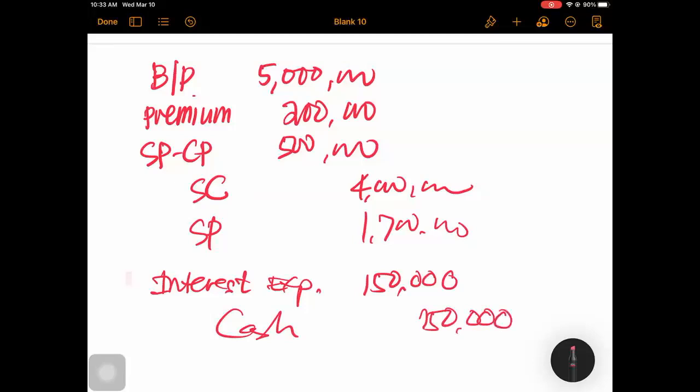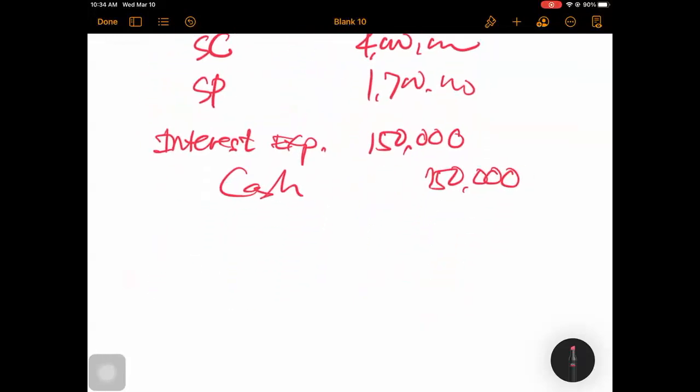Then aside from this, we have incurred 100,000 transaction costs. So how do we record the transaction cost upon conversion? You have transaction cost, 100,000.